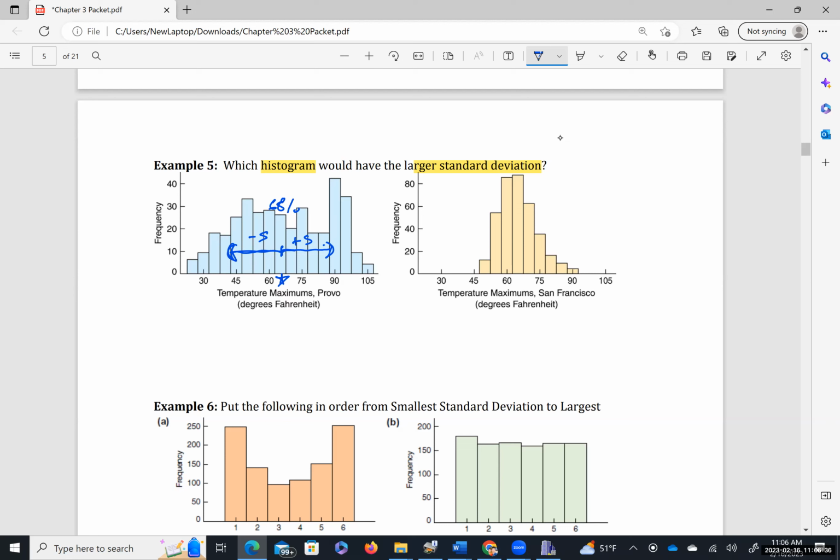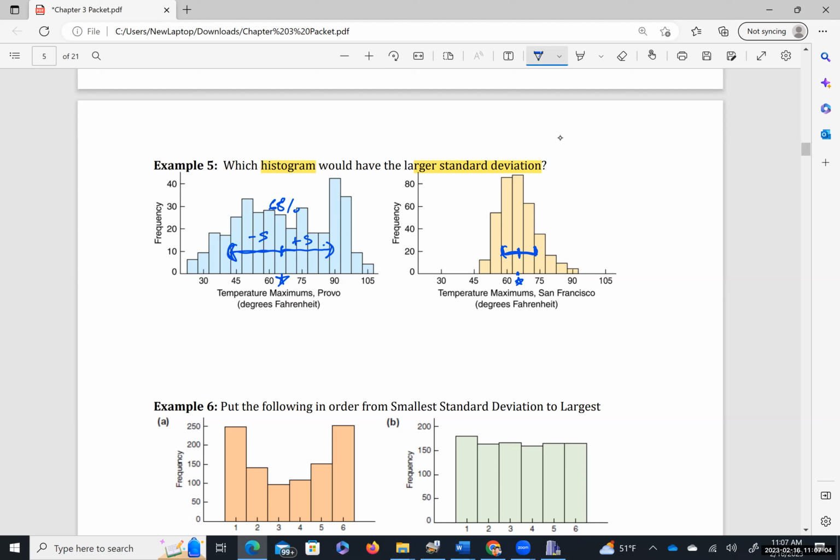So what about the second one? I would say the mean should be around here, and you see it's skinny, so 68% of the data should be around here to here.